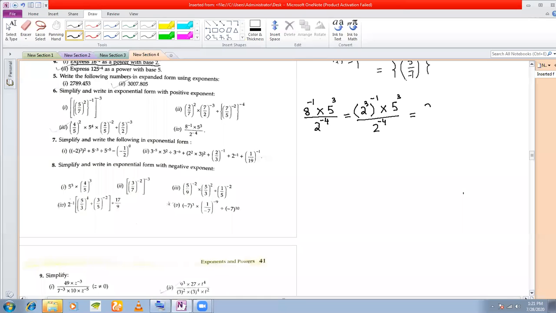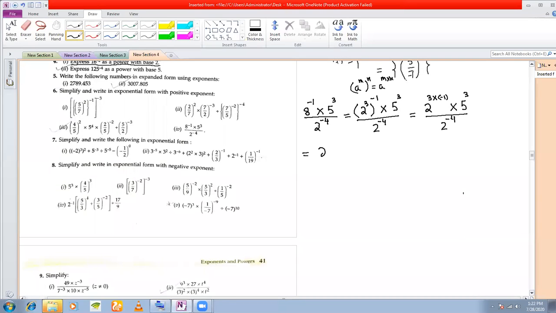Okay, so this now you can write as 2 to the power of 3 into minus 1, because this is of what form? E to the power of m whole to the power of n, which you can write as e to the power of m into n. That is why, into 5 cube divided by 2 to the power of minus 4.